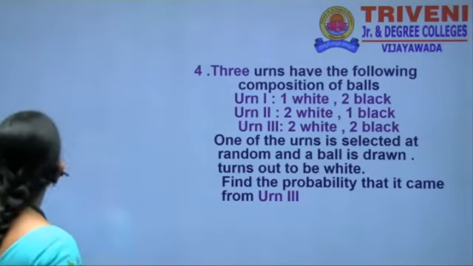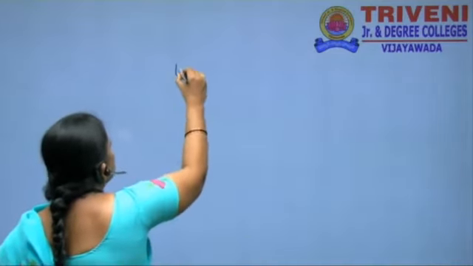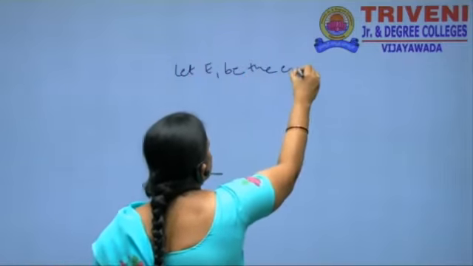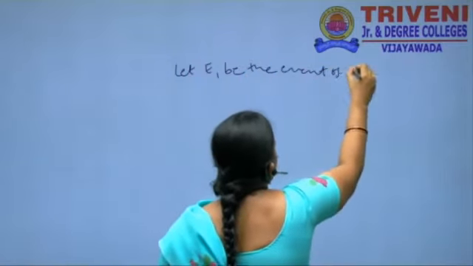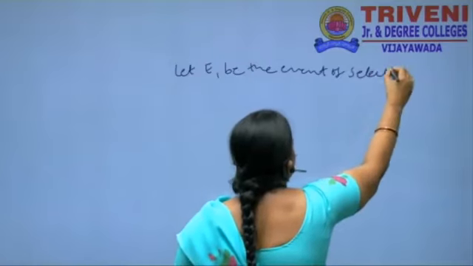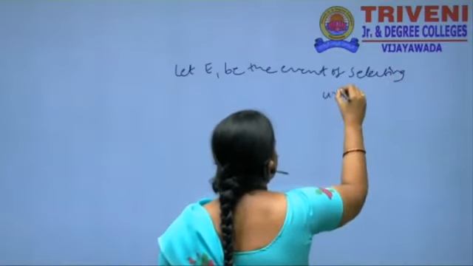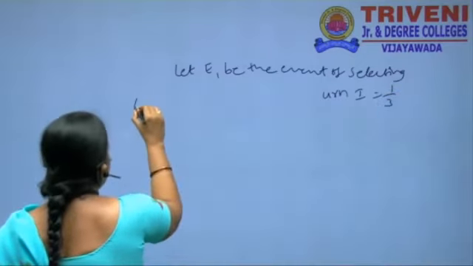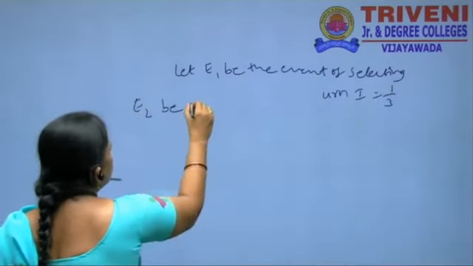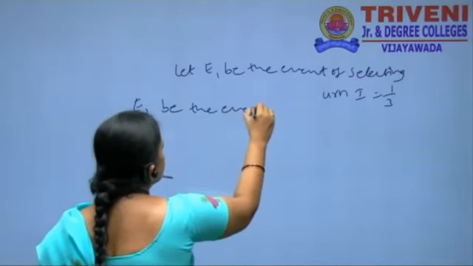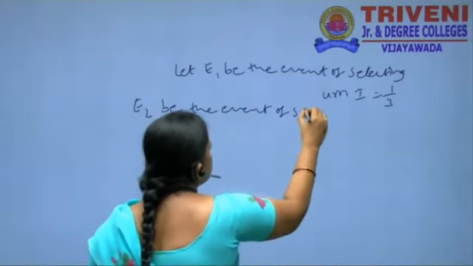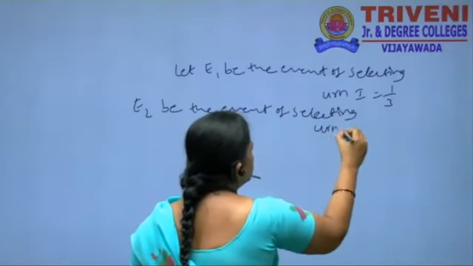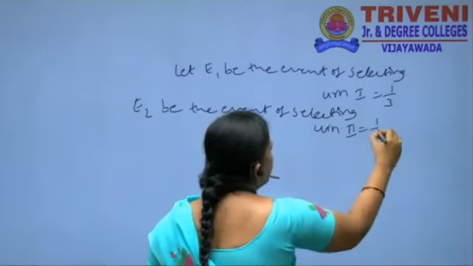Here we take E1 as the event of selecting urn 1, which is 1 by 3, and E2 as the event of selecting urn 2, which is 1 by 3.